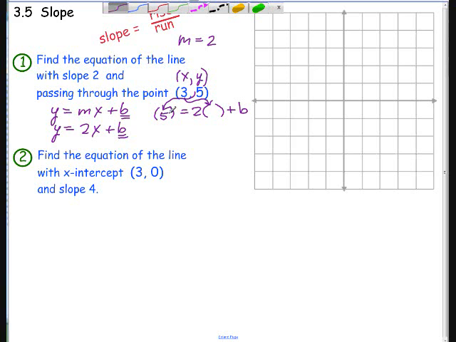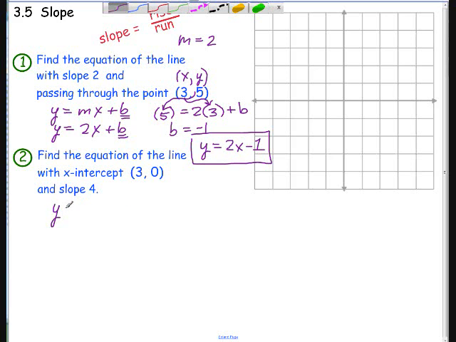So I've got 5 equals 3 times 2 plus b. So b equals 5 minus 6, or -1. So the equation of this line is y equals 2x minus 1. Very nice, isn't it?